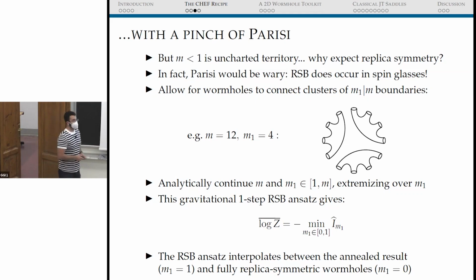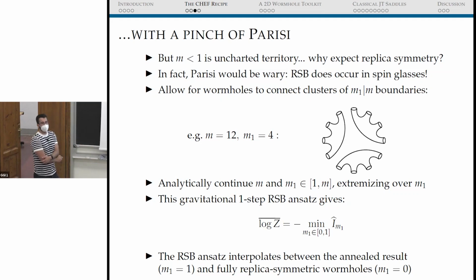Yes? Are we taking the limit M goes to 0? I've already taken that limit here. So how come M1? Oh, I see. Between 1 and 2, we get the order switch. I see. You might think that's a kind of fishy thing to do. We always do this. This is what Parisi did, and he got a Nobel Prize.